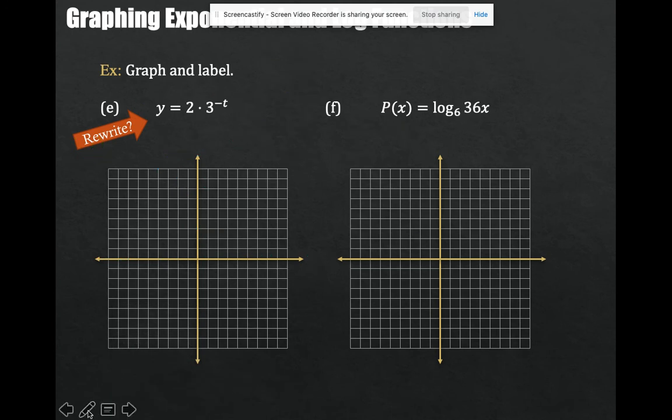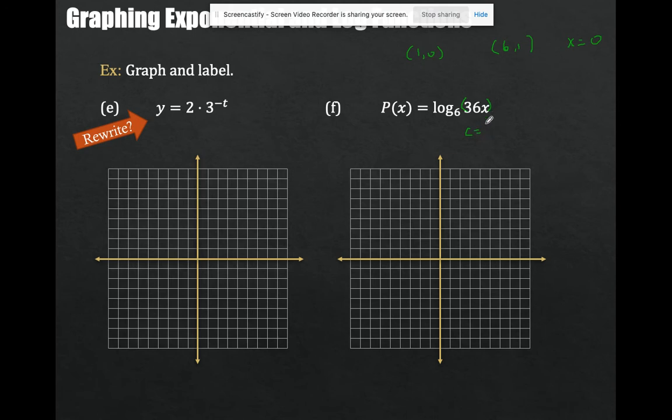So, what do I know about my base, my parent graph? My parent graph has the point 1, 0, has the point base, 1, has the vertical asymptote x equals 0. So what has happened with this? Not too much, right? Hey, be careful. What is my C? I'm operating on the domain. C is not 36.